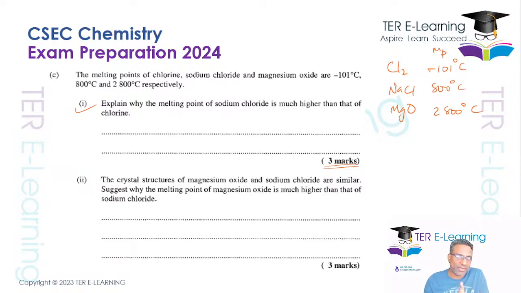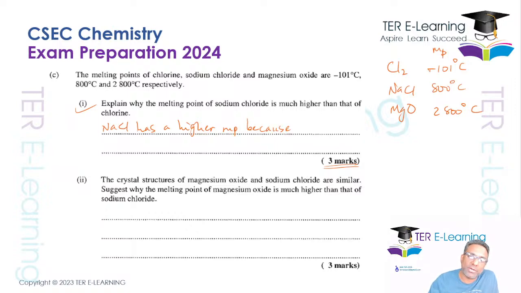So based on the numbers, we can tell that sodium chloride has a higher melting point. We can see that, right? So all you're going to say is that sodium chloride has a higher melting point, right? Because you're going to tell them why. So sodium chloride is an ionic compound.